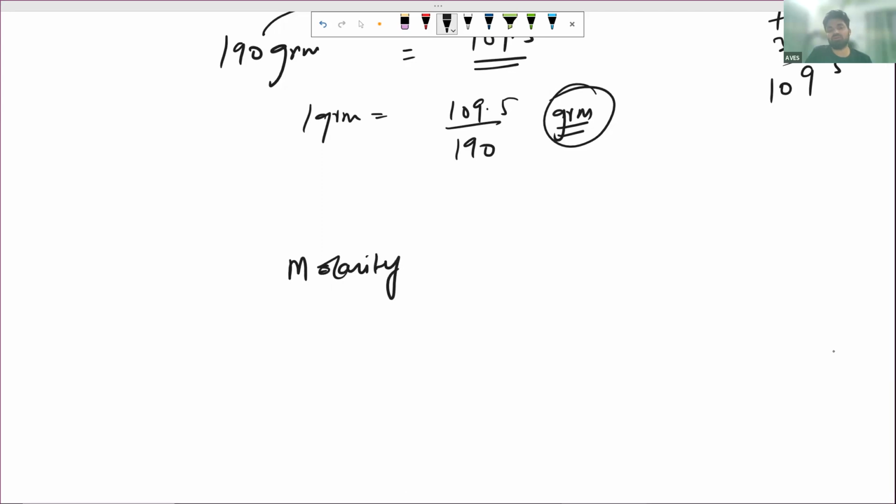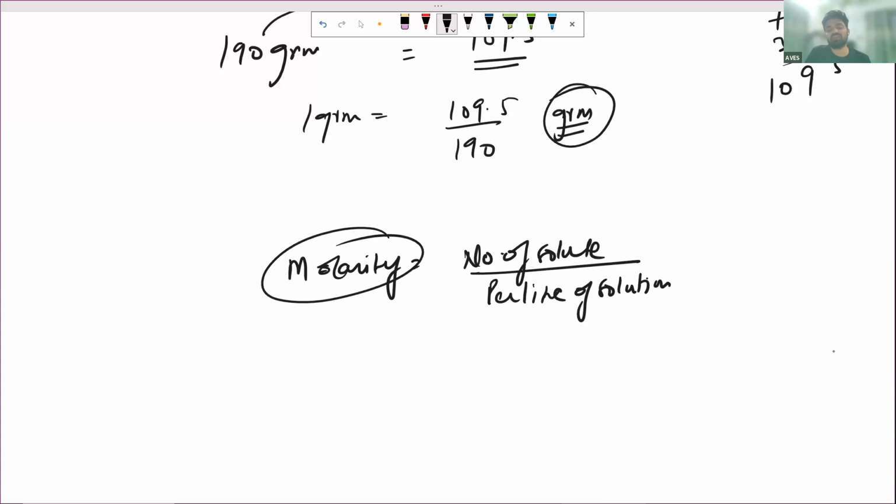Molarity is equal to the number of moles of solute present per liter of solution. So if molarity is 0.1, it means 0.1 mole is present in 1 liter of solution.